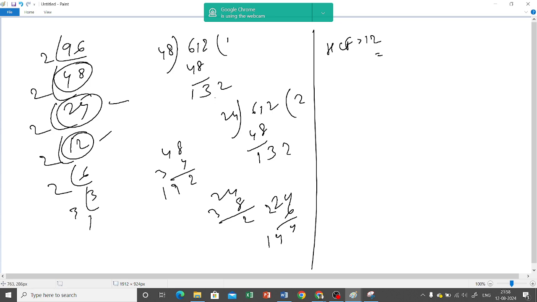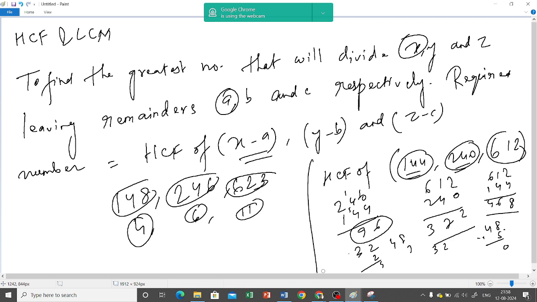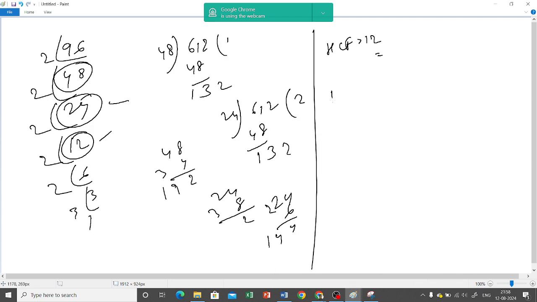So the HCF is 12. This is one way you can do it, or you can go for the division method. I can first divide 240 by 144, then 144 will come over here.